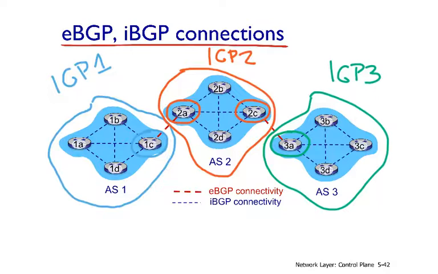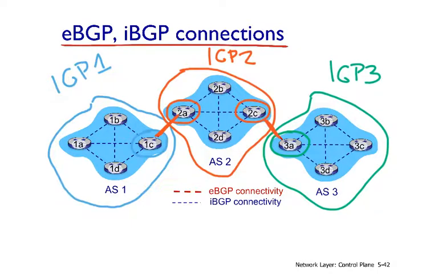So eBGP, exterior BGP, is the connection between border nodes, for example, 1C with 2A and 2C with 3A.